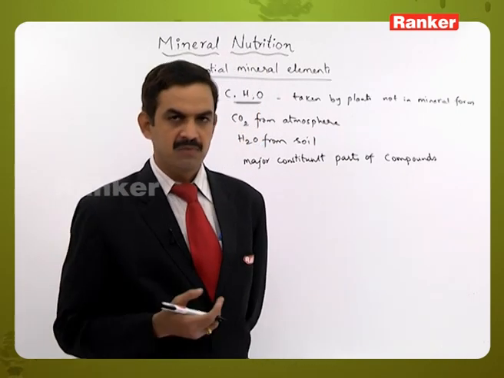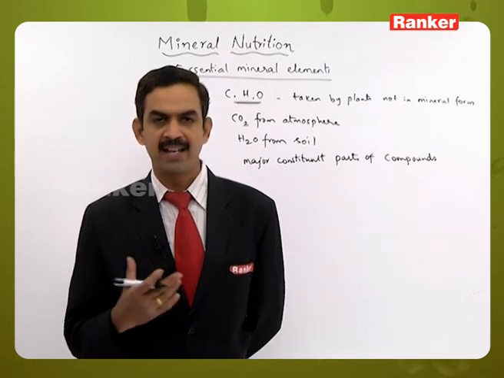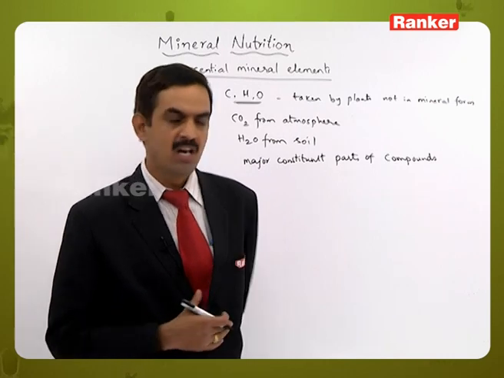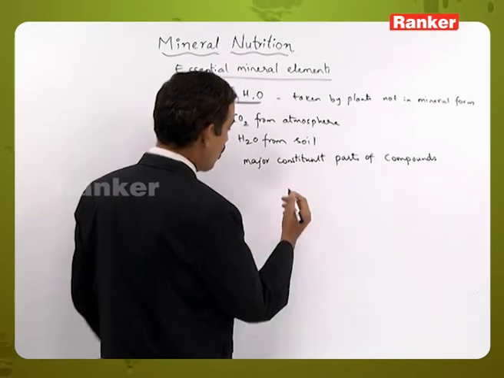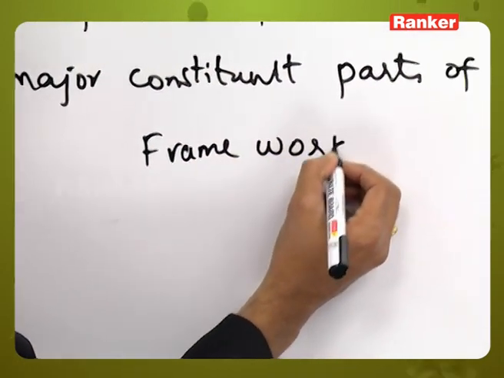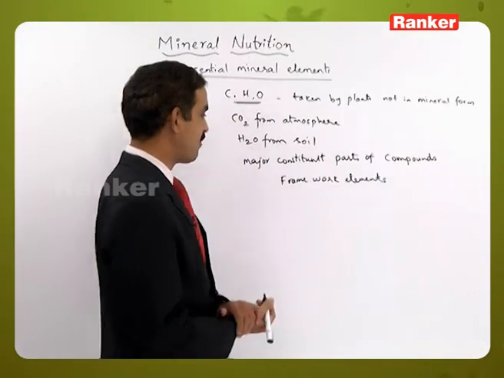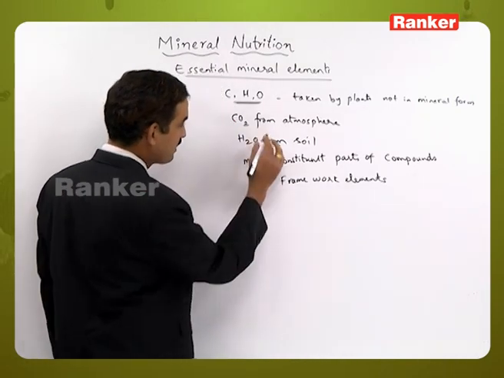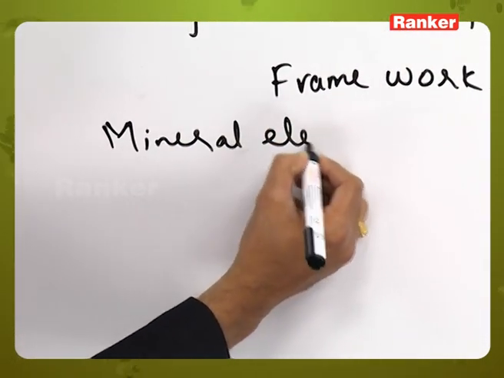Almost all the biomolecules which form the basic structure of the plant body are made up of these elements. That's why these three are combinedly called framework elements. Apart from these three, the remaining elements are called mineral elements.